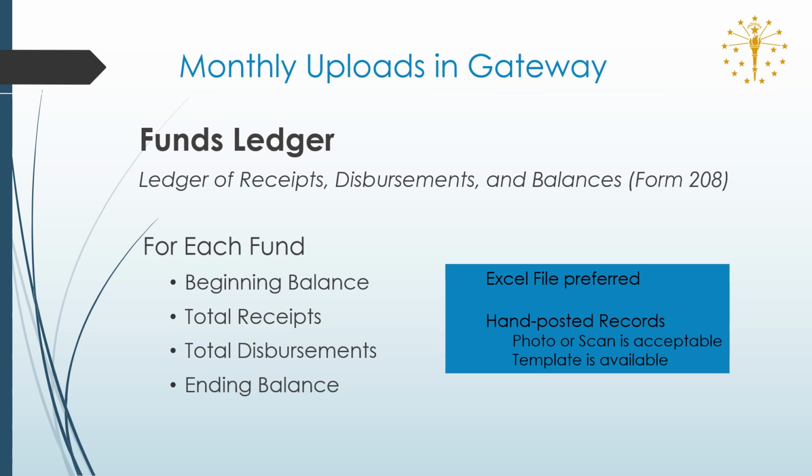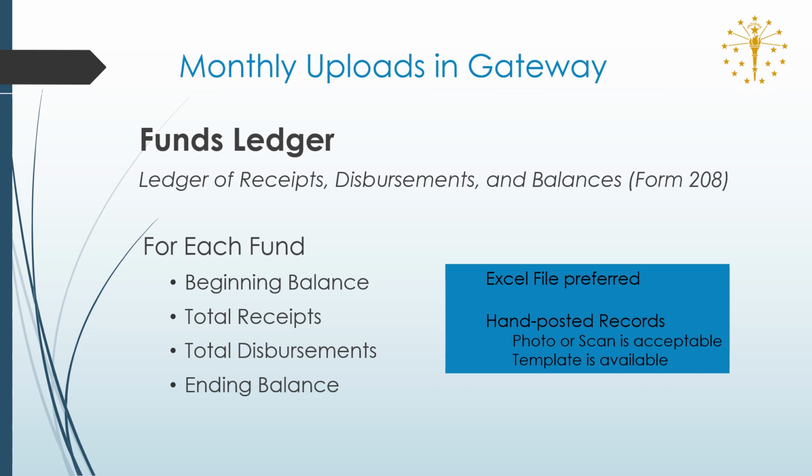This is only annually, which we will talk about in another presentation. But we just need total receipts and disbursements for each fund for the month you are uploading. This information is needed for each fund and should be found in your ledger of receipts, disbursements, and balances. Or if you have a software system, I would recommend asking if there is a report that will fulfill this requirement.